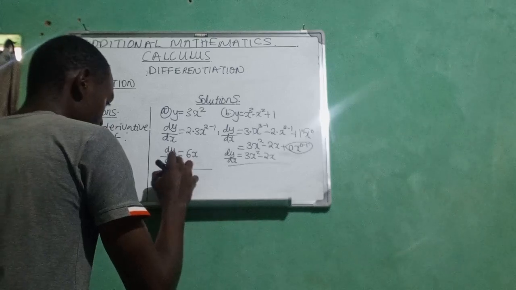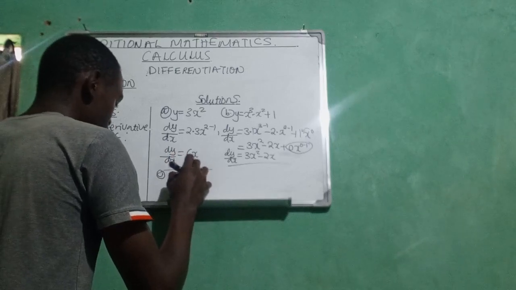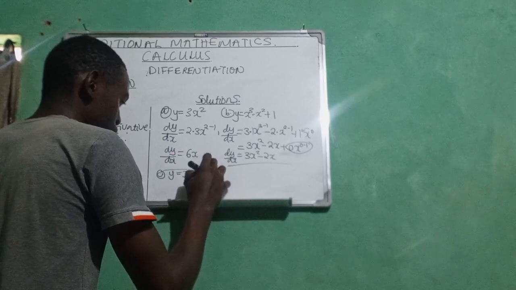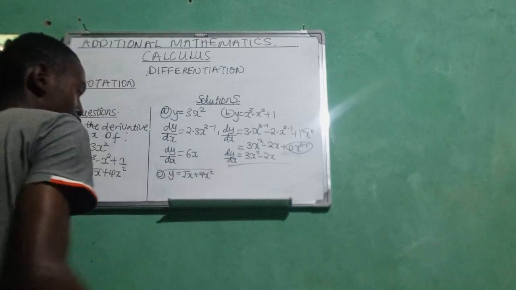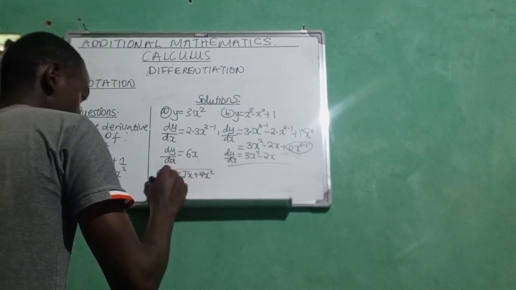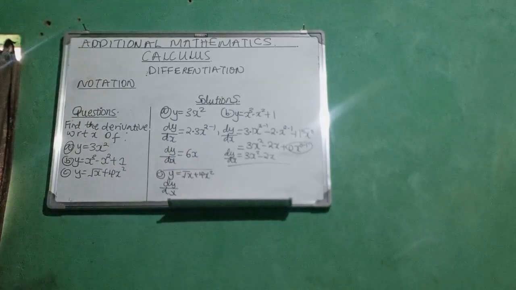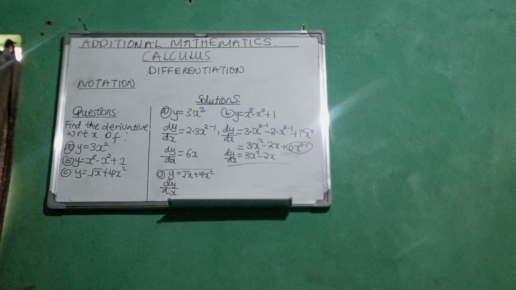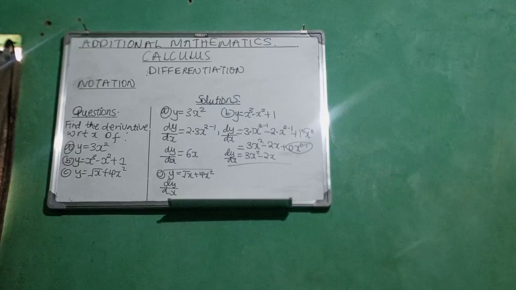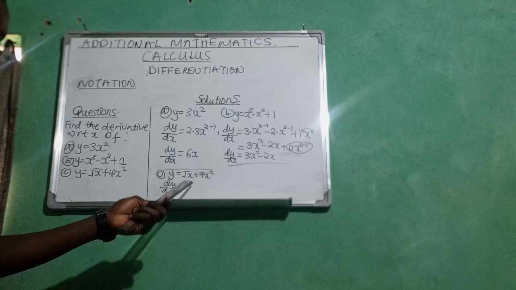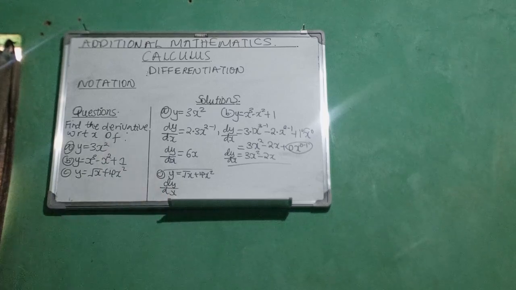For c, y is equal to the square root of x plus 4x squared. Then we find the dy dx. Alright. So when you're finding the derivative of a set, this particular set is a square root.